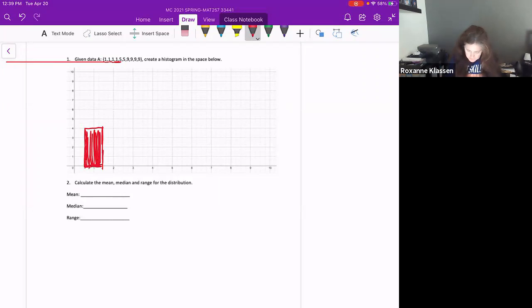Now, normally these bars would touch. But since I don't have any 2s, I'm going to have a gap in this. If I had some 2s, they would be connected to my 1s, but I don't have any 2s. Then I have 2 5s, so I'm going to go up here.